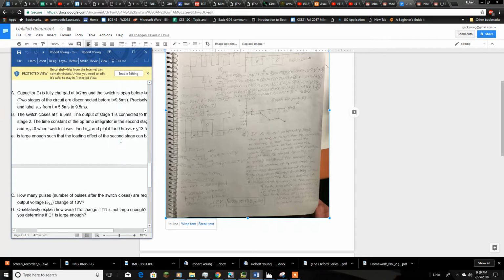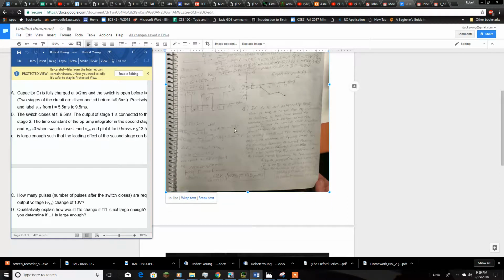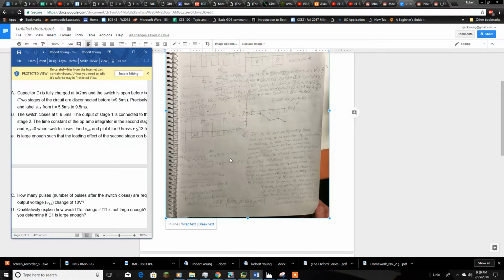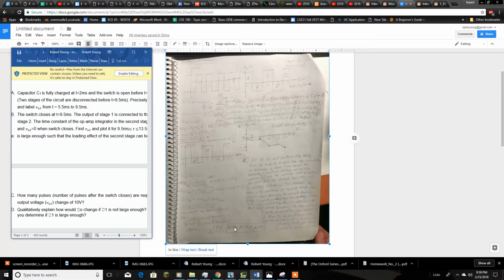So in part C, we're asked how many pulses are required from VO1 to create that 10 volts absolute voltage shift. What we can do is take these two equations right here that when added together represent the total voltage shift per pulse in the original input function, which is VO1, which is 0.093 volts.